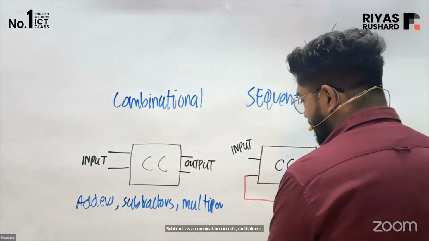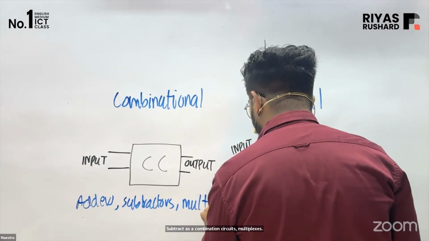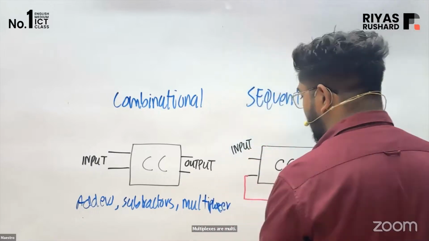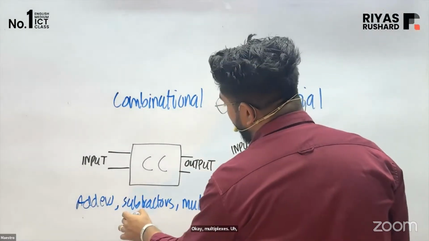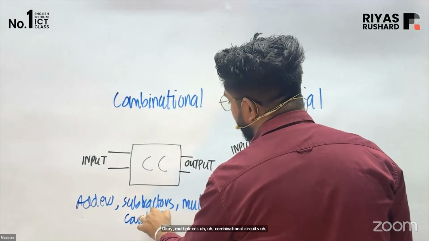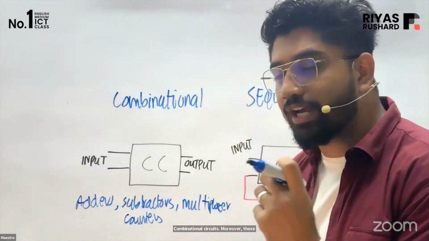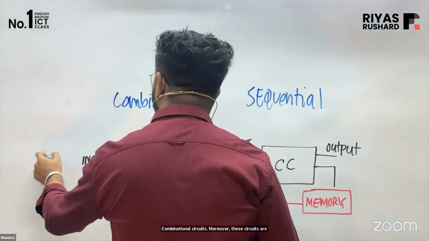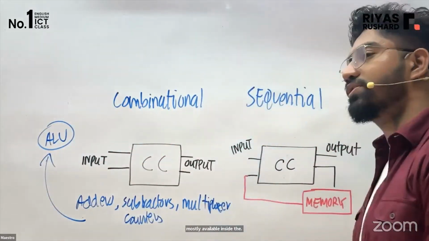Multiplexers are combinational circuits. Moreover, these circuits are mostly available inside the ALU component, the arithmetic logic unit.